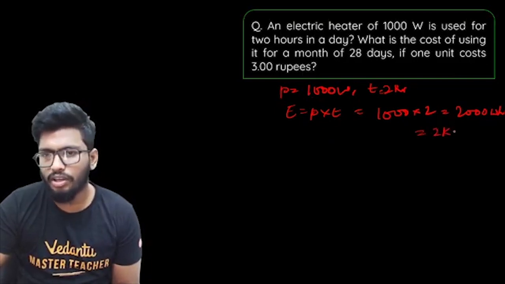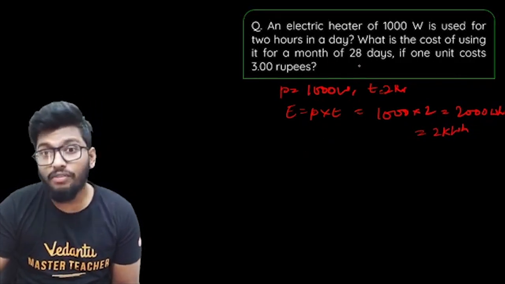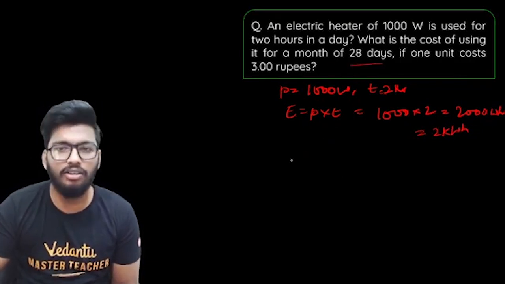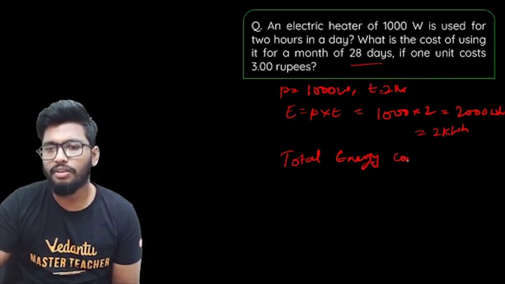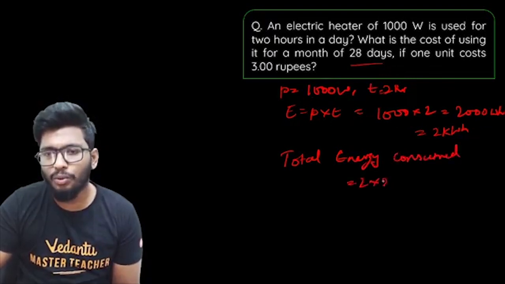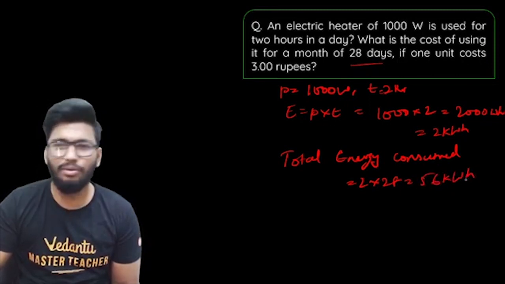So that's 2 kilowatt hour. Now, if you're using it for 28 days, how much will the total energy consumed be? It'll be 2 into 28, which is 56 kilowatt hour.